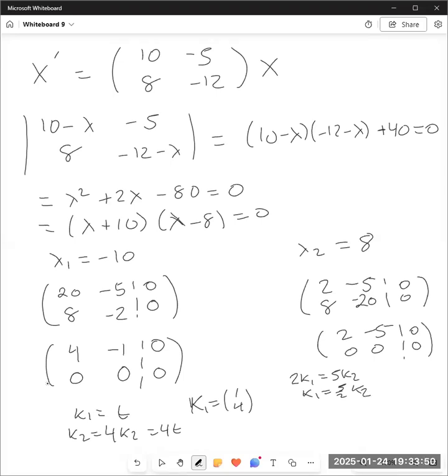And we start off with that being, this is K2 is T. So this is T times 5 halves and 1. Well, I want to choose T to be 2 so that K2 comes out to be 5 and 2.